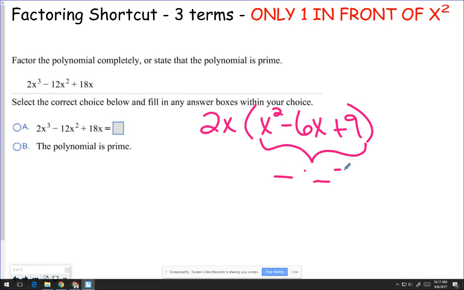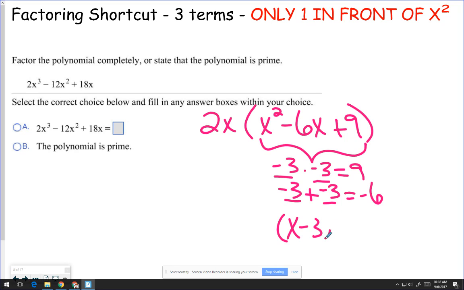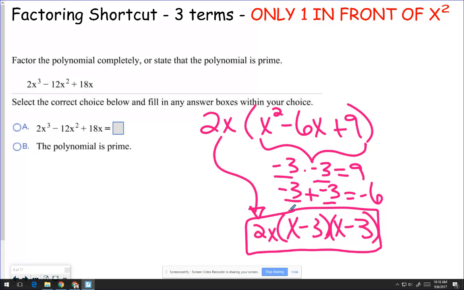So it's that shortcut problem where we multiply to 9 and we add to -6, which would be -3 and -3. And because A is 1, we can jump straight to x minus 3, x minus 3. Drop our little 2x down front. Don't forget about him. He was our GCF in the beginning. And there we go.